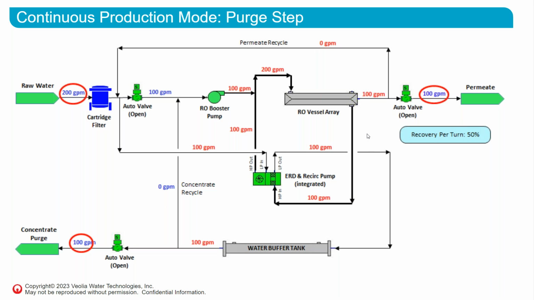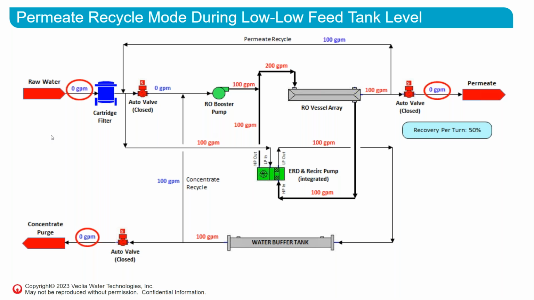your particular application. And then this is an interesting mode that we ended up discovering we could do at a site where the client wasn't giving us a reliable feed source. They had a feed tank that a lot of times would run empty. They didn't have good control over the level in their feed tank.